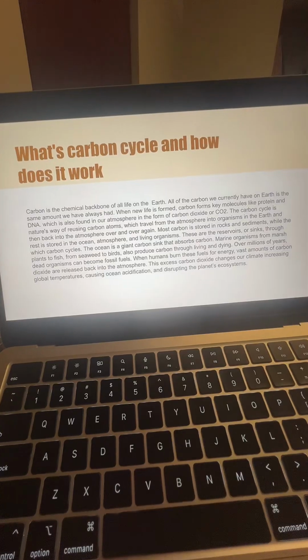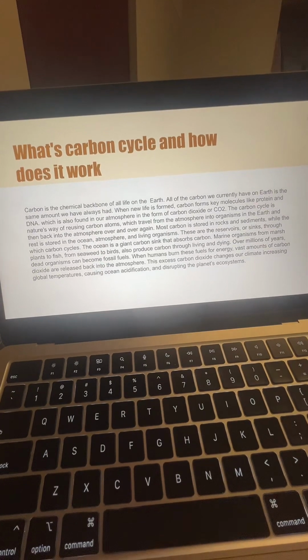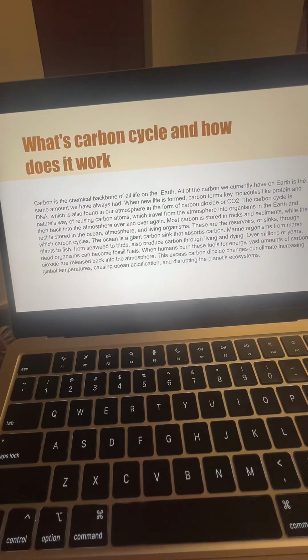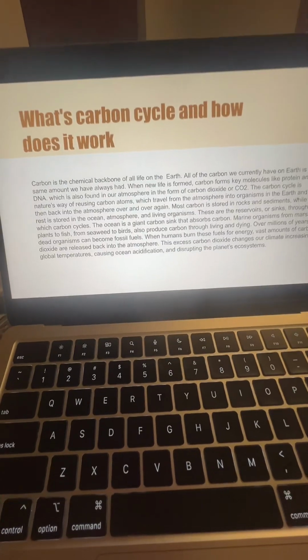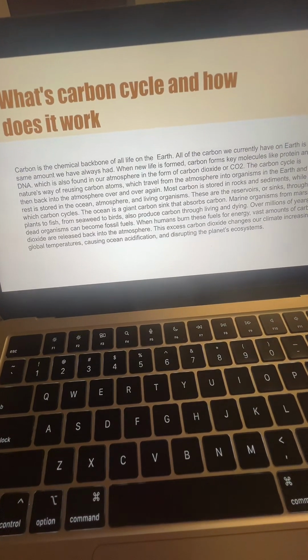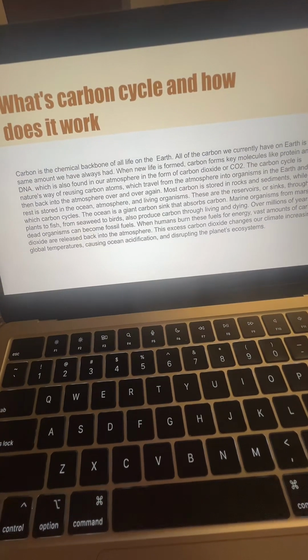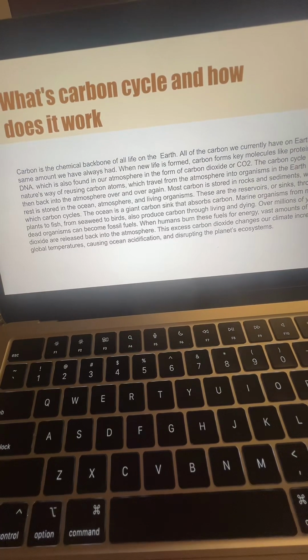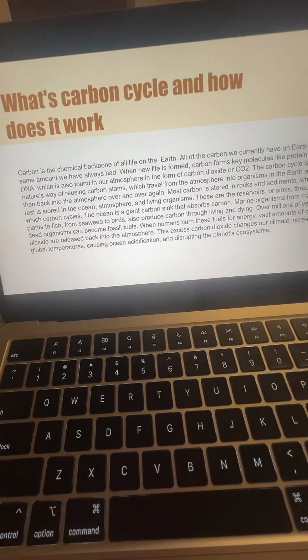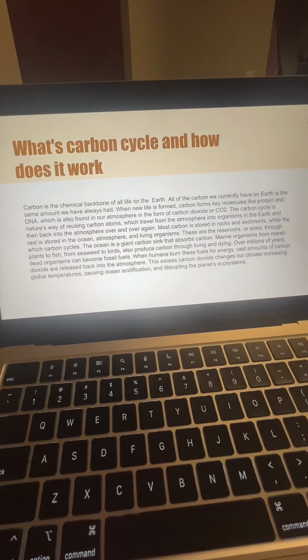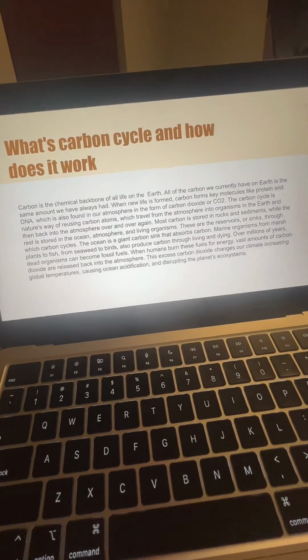Most carbon is stored in rocks and sediments, while the rest is stored in the ocean, atmosphere, and living organisms. These are the reservoirs, or sinks, through which carbon cycles.